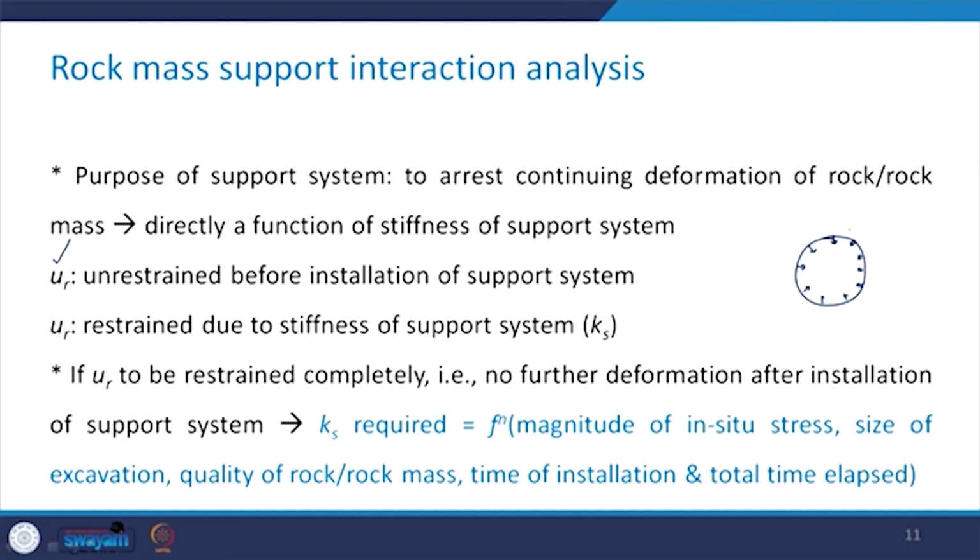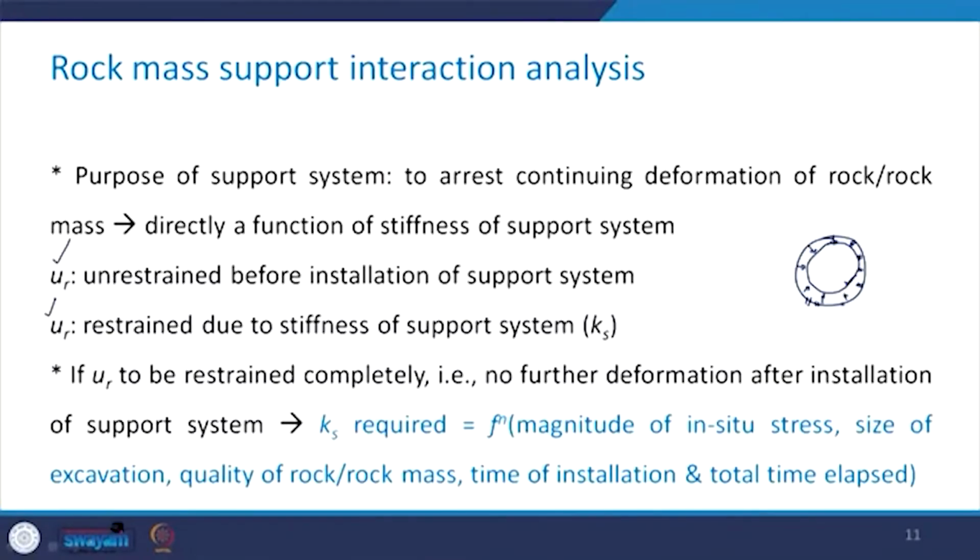Before you install the support system, this free boundary is free to experience the radial deformation like this. But the moment you provide a support system, what will happen? Now, this free boundary which was earlier deforming freely now will be restricted with the presence of this support system. To what extent that it will be restrained, it will depend upon the stiffness of the support system. Let us say that if you provide very stiff support system, what will happen?